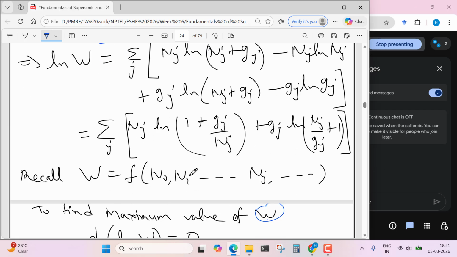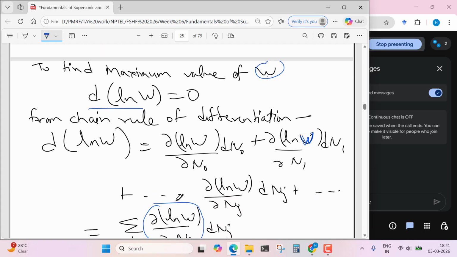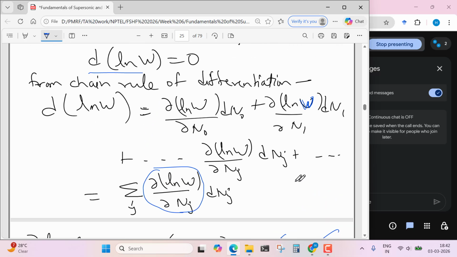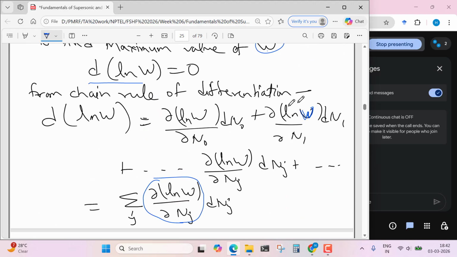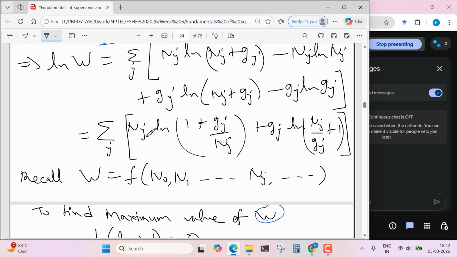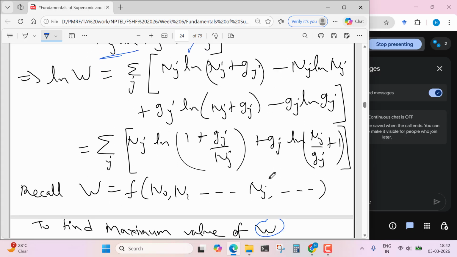So we'll get dou log W upon dou nj equal to log 1 plus gj upon nj plus nj upon 1 plus gj upon nj, minus gj upon nj square. We are taking differentiation of this term, with respect to nj, the first term.